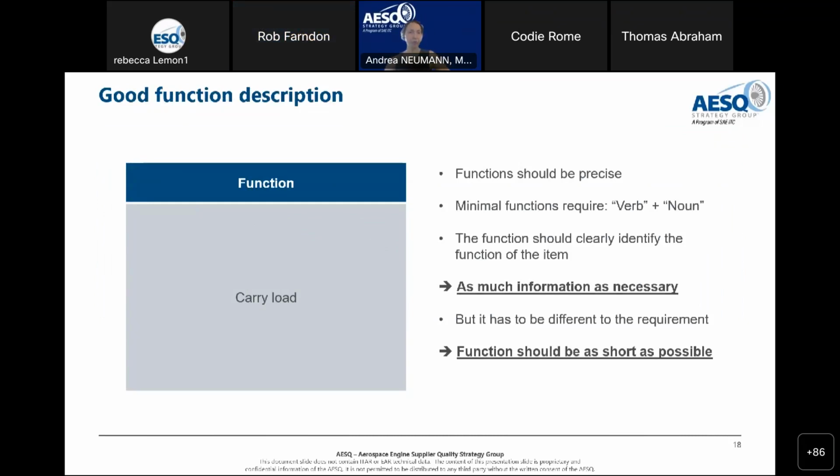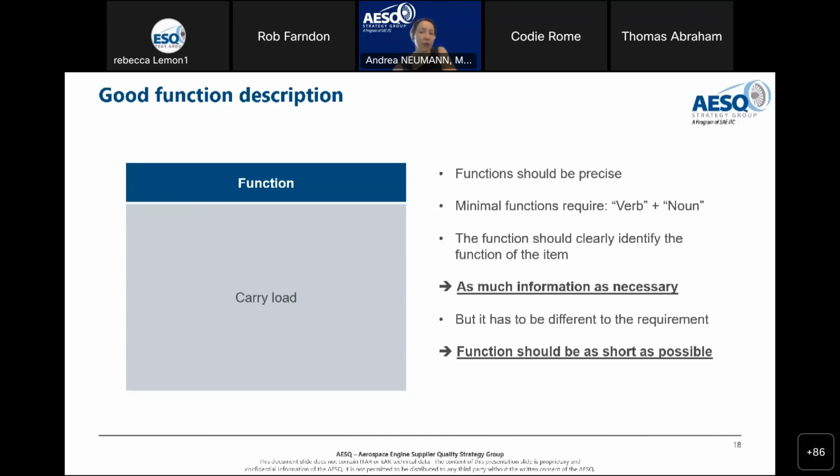What Rob also described in the previous slides is about the precise language, and that is also important for the function description. RM13004 just states that at minimum there should be a verb and a noun to describe a function.